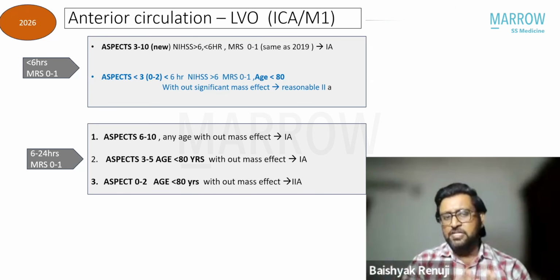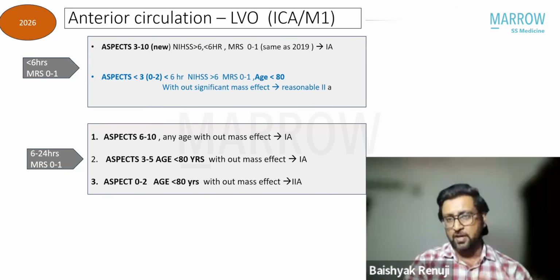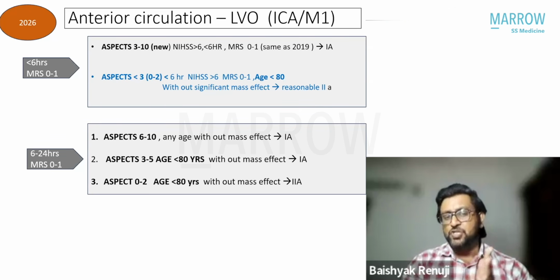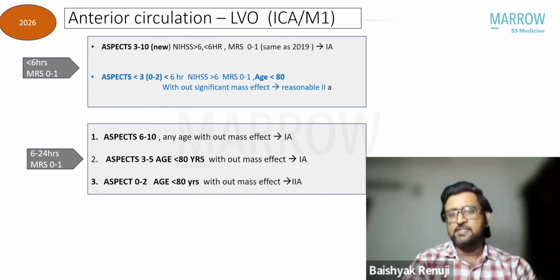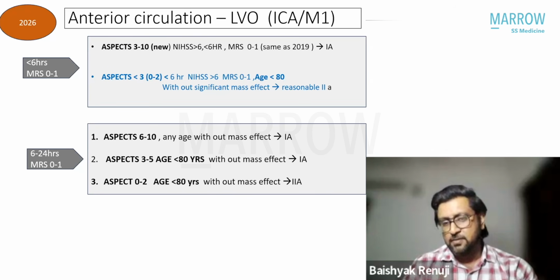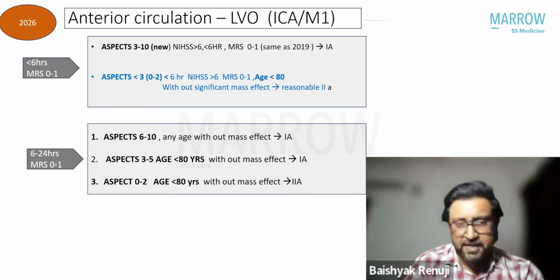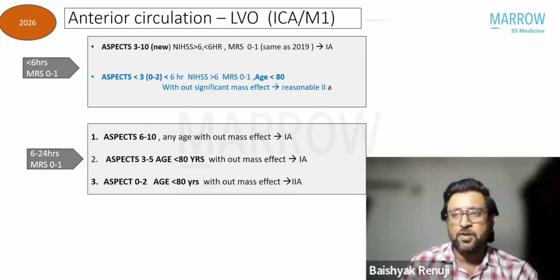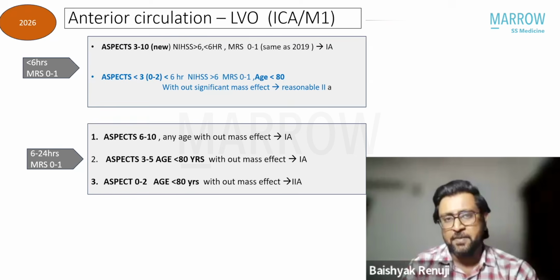If the window is 6 to 24 hours, the best evidence is for ASPECTS 6, not 3. The ASPECTS 3 best evidence is for less than 6 hours. Then, if 6 to 24 hours, ASPECTS less than 6, the evidence is much lesser, but age should be less than 80. I think it is a bit confusing, but just at least remember lower ASPECTS can still be taken now.